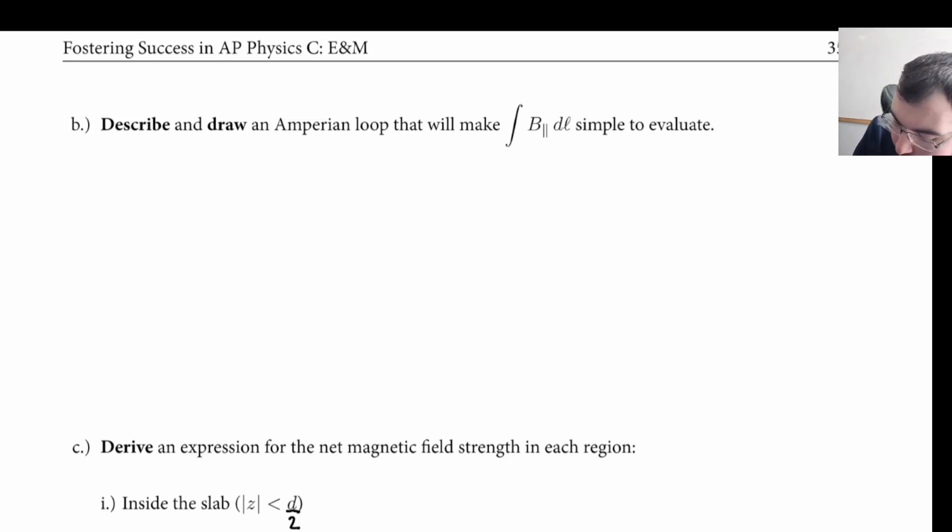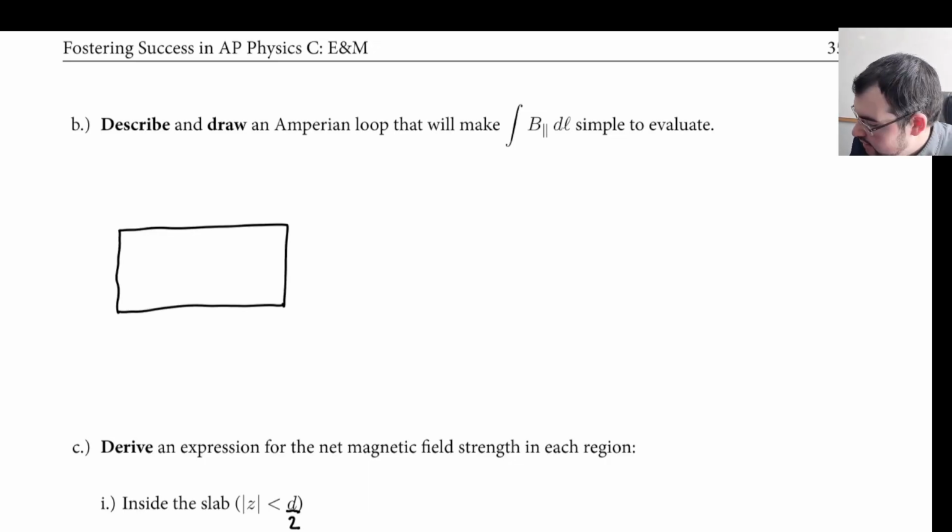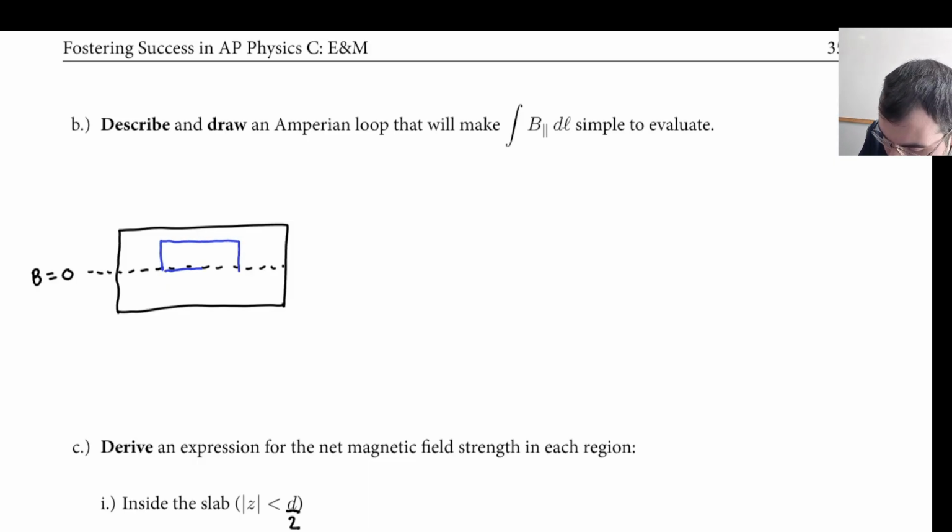All right, Amperian loop. So what are we going to draw here? Let's do the inside the slab case first. We know that B points to the left above the midpoint, and we also know it's 0 at this midline. So if I draw myself a loop maybe like this, because we don't want a circle anymore since it's not truly circulating, because all the swirls are adding to the left, it will work out.